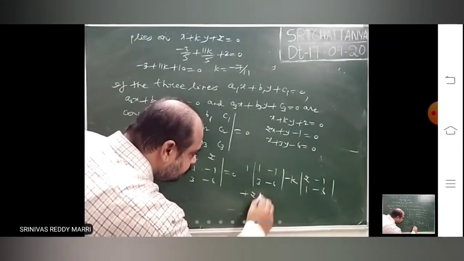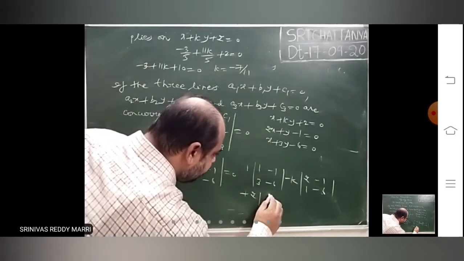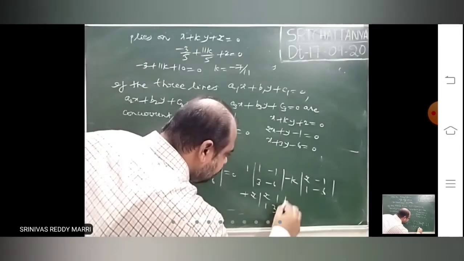Plus 2 into, close the row and column: 2 1, 1 3, equals 0.